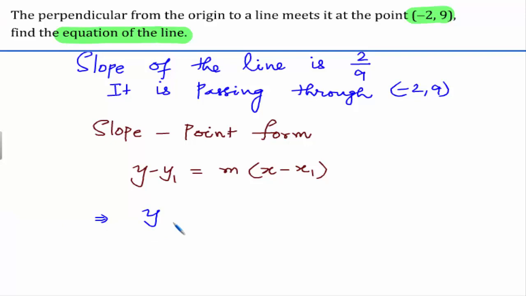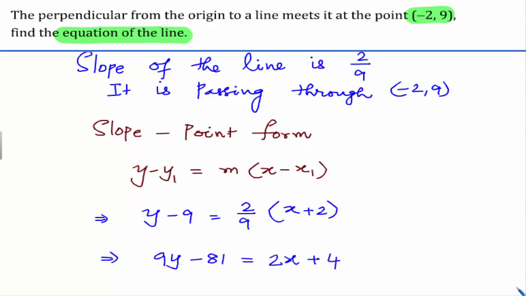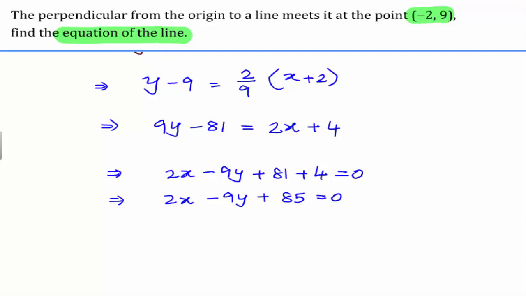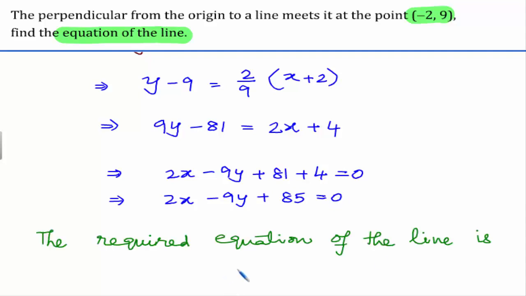Now let us substitute: y minus 9 is equal to 2 by 9 into x plus 2. If we simplify, we get 9y minus 81 is equal to 2x plus 4. On further simplification, we get 2x minus 9y plus 81 plus 4 is equal to 0. So this gives 2x minus 9y plus 85 is equal to 0. So the required equation of the line is 2x minus 9y plus 85 is equal to 0.